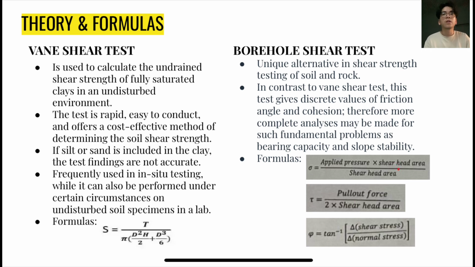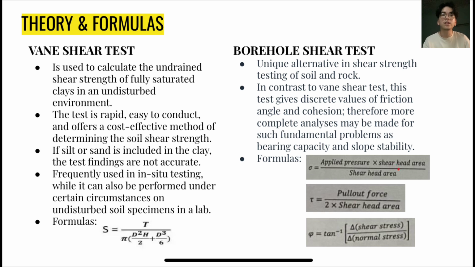So, next I'll be sharing about the theory and the formulas of both of the tests. The theory for the Vane shear test: it is used to calculate the undrained shear strength of fully saturated clays in an undisturbed environment. The test is rapid, easy to conduct, and offers a cost-effective method of determining the soil shear strength.